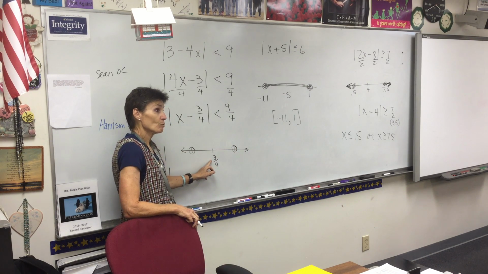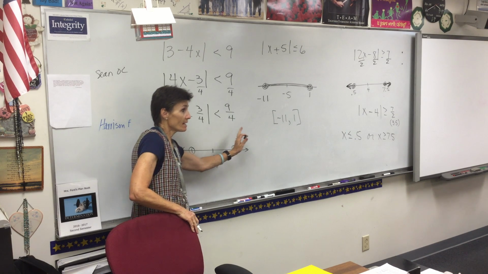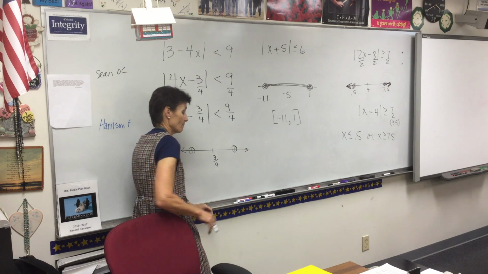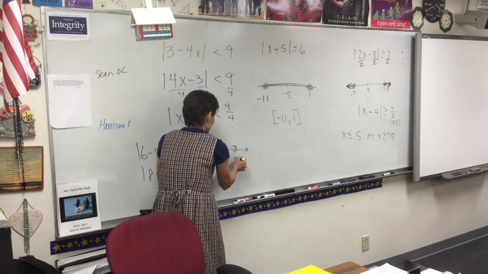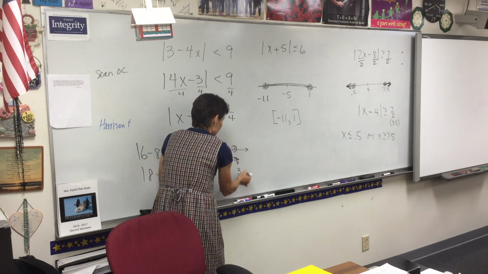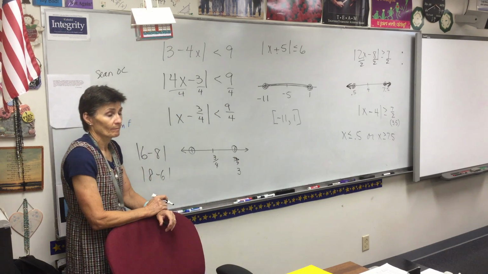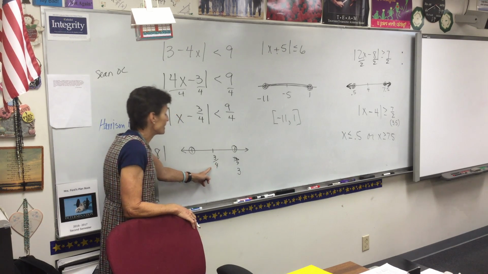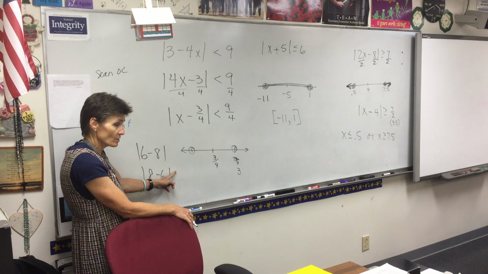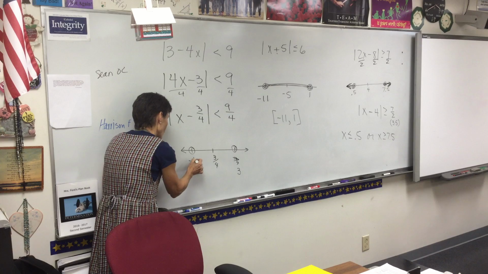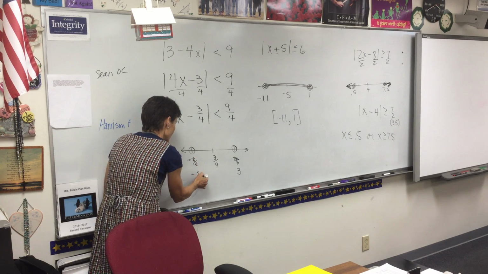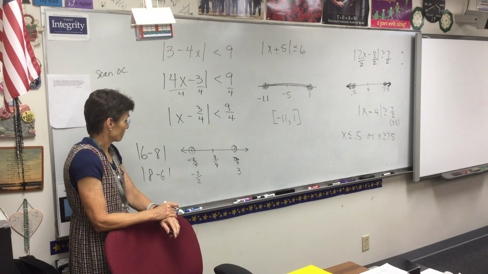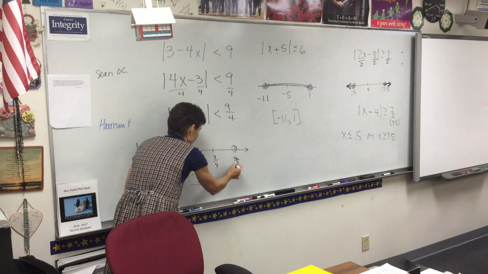So if I start at 3/4 and add 9/4, where would I be? 12/4, which I might as well say 3. And then if I start at 3/4 and subtract 9/4, negative 6/4, which I'll want to reduce to negative 3/2. So here are where my dots are now in reduced form.